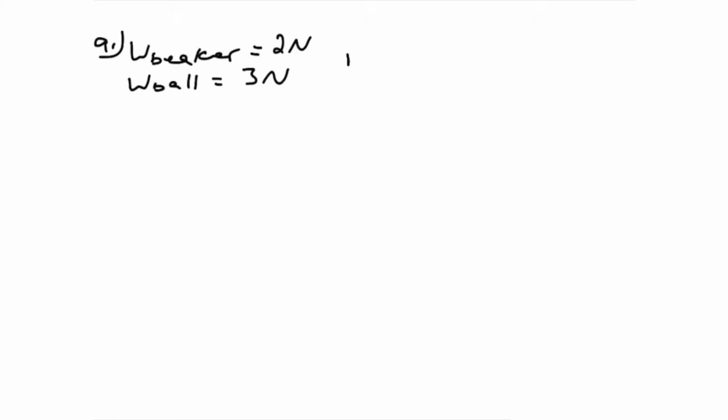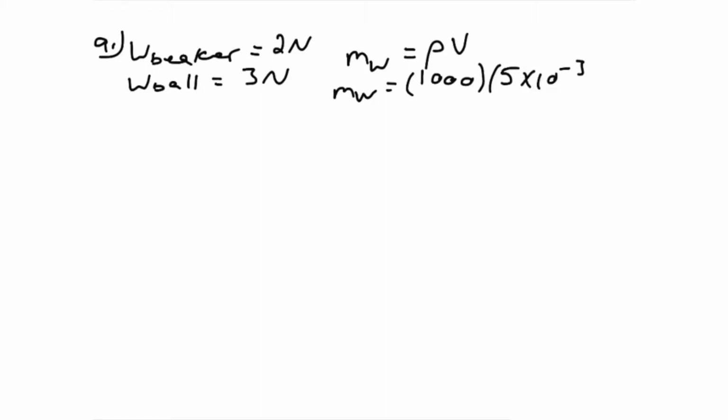We start by finding the mass of the water, and mass equals rho times volume. So the mass of the water equals the density of the water, 1,000 kilograms per meter cubed, times the volume, 5 times 10 to the negative third meters cubed. So the mass of the water comes out to be 5 kilograms.